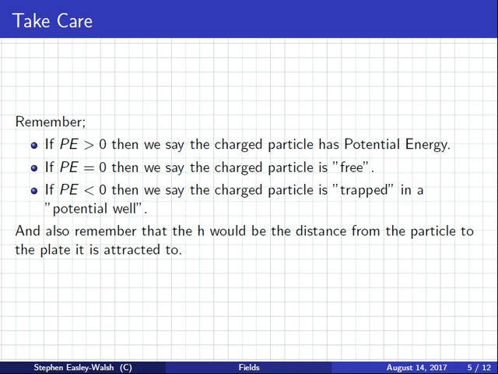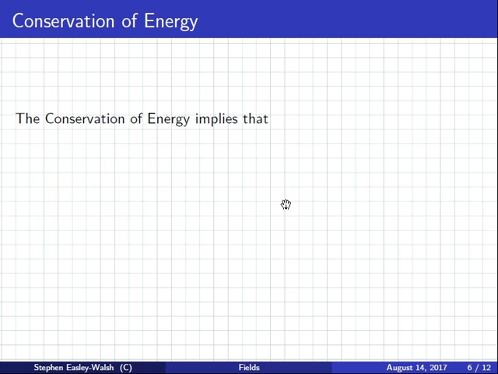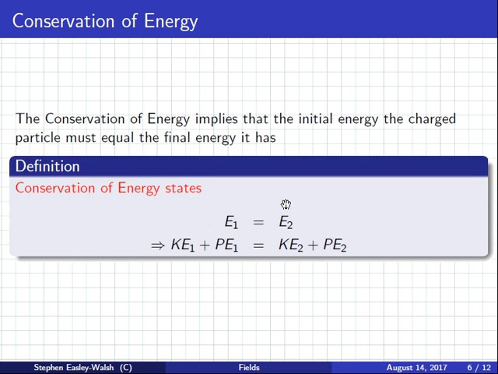Okay, continue. So the conservation of energy means that the initial energy of the charged particle must equal the final energy. So we can have E1 equals E2, and we know that the kinetic plus potential must be equal. Nothing to say here, you know this already.